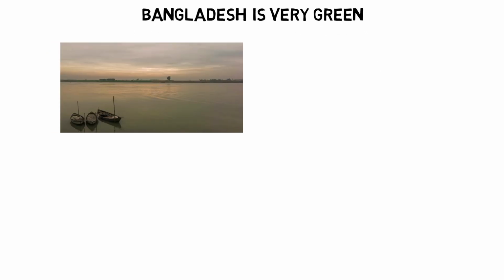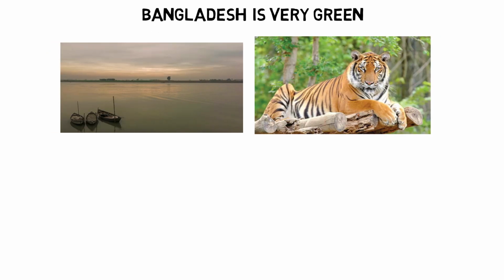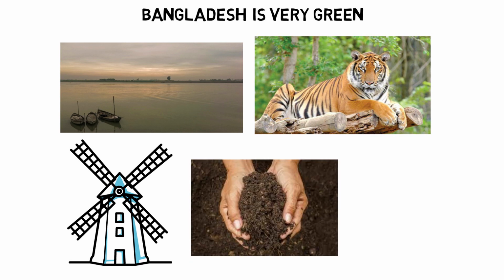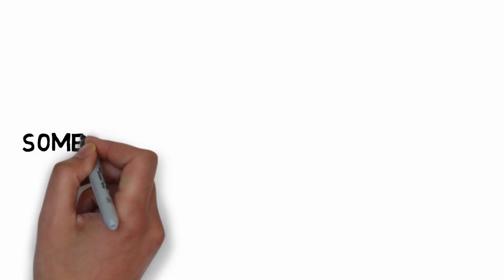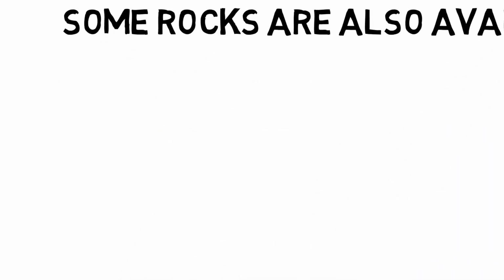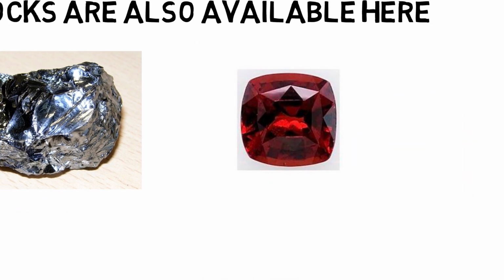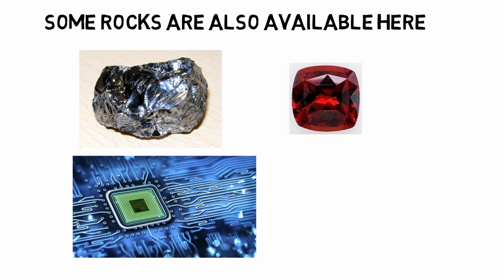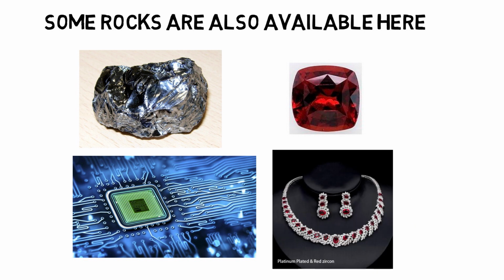So plants, animals, air, soil, sunlight, all are available plenty in Bangladesh. Some rocks are also available here like silicon, zircon. This silicon is used in making some electronic devices, and zircon is used for making jewelries. So these all are the natural resources of Bangladesh.